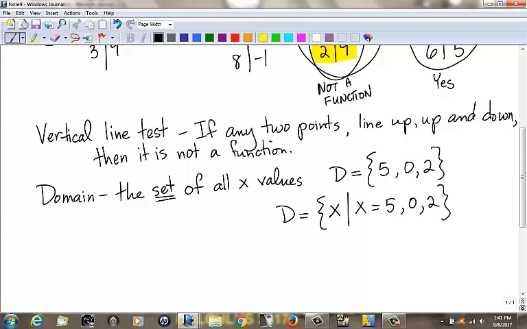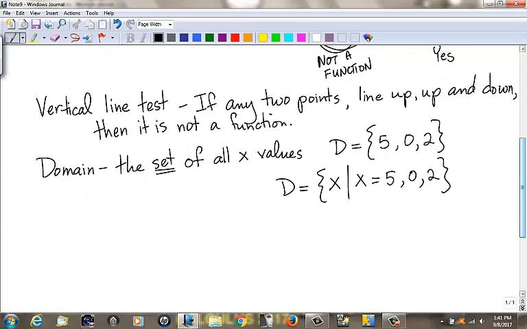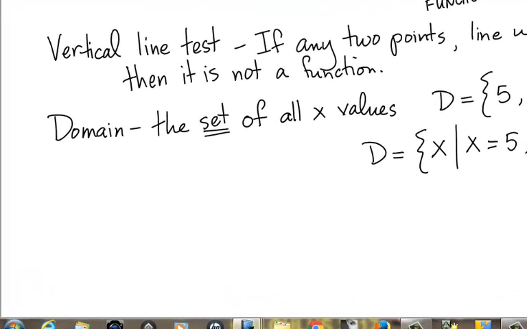The top one's easier, but this is called set builder notation, and some authors use that, so don't let that scare you off. You just read it: the domain equals the set of all x's, and you read that vertical line as such that x equals 5, 0, and 2.